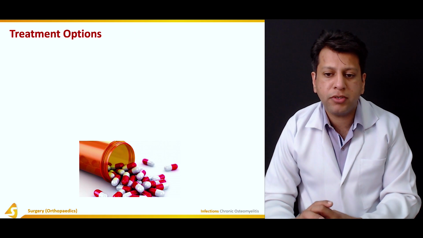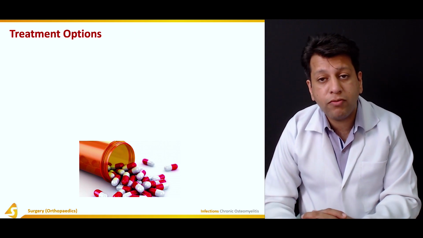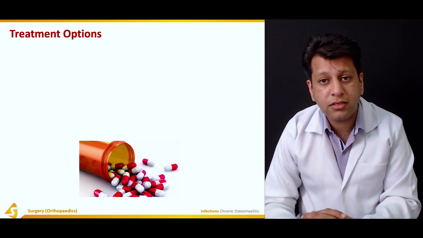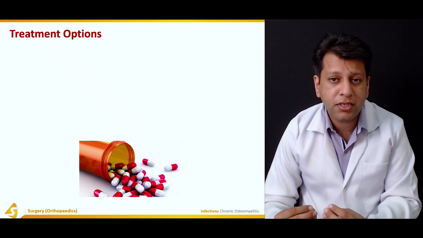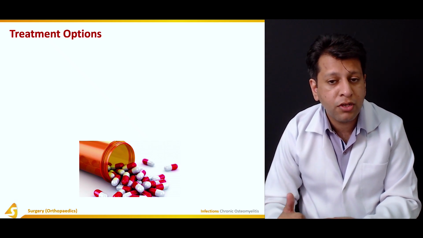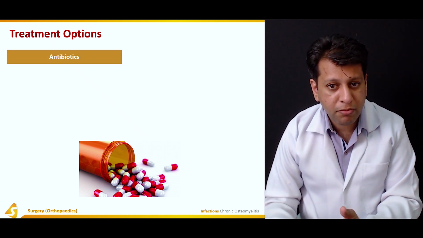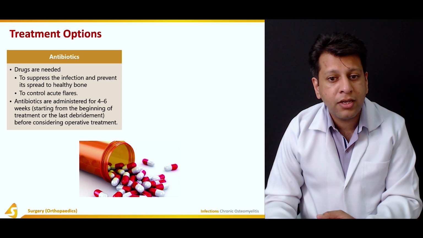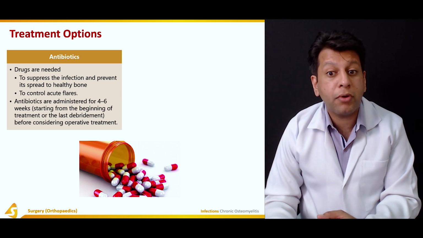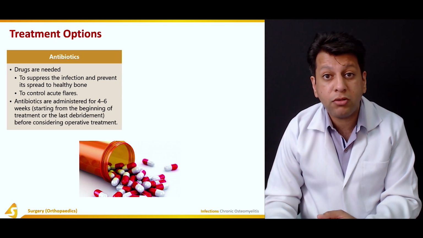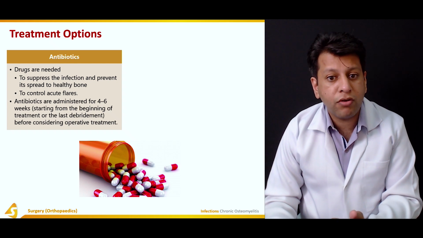Coming to the treatment options. As we know, for example, it's a chronic osteomyelitis. It's basically involving microorganisms. Now, first and foremost, it has to be antimicrobial therapy, antibiotics. Those drugs are needed to suppress the infection and prevent its spread to the healthy bone, to control acute flares.